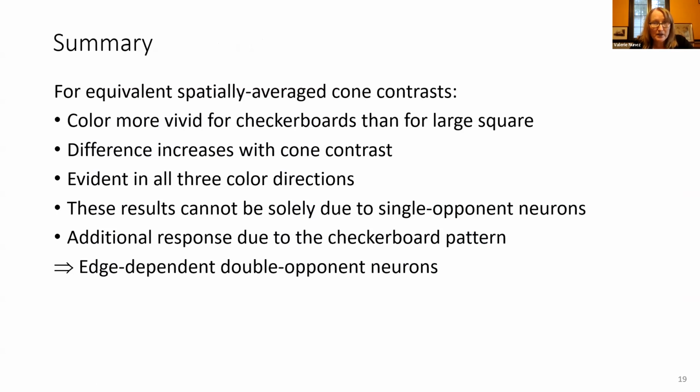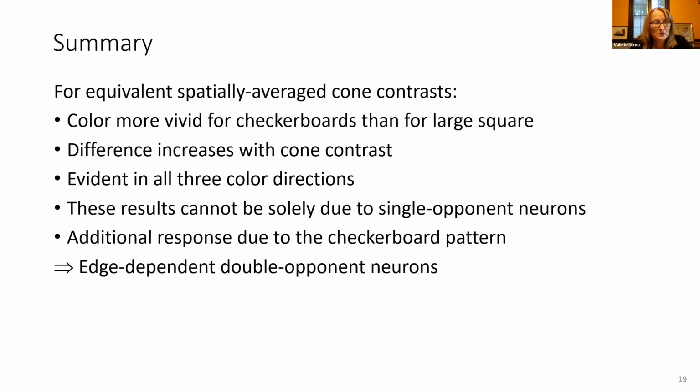Summarizing, for equally spatially averaged cone contrasts, perceptual responses are larger for the color gray checkerboard than they are for the plain square. This difference increased with cone contrast. It was seen in both the L-M and S-cone isolating directions, as well as in our red direction.